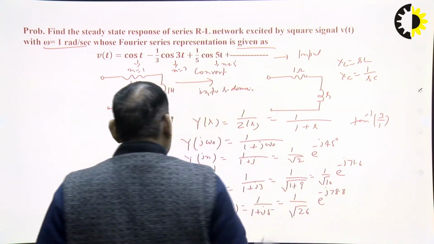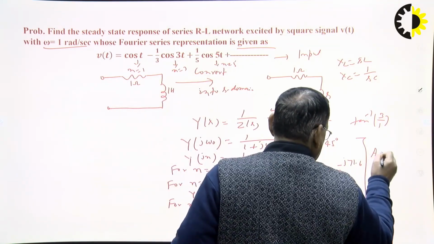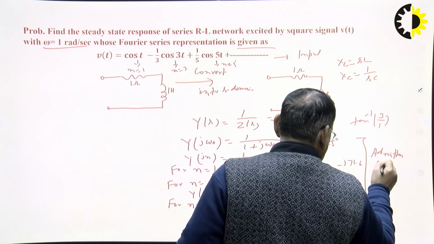So these are the admittances in phasor form.